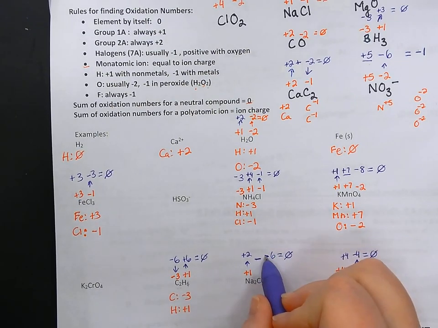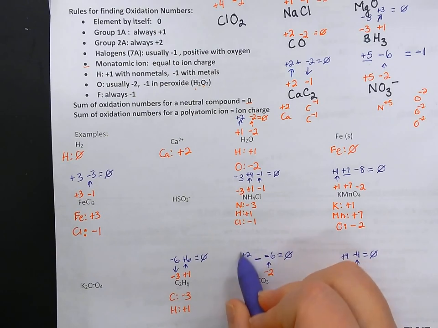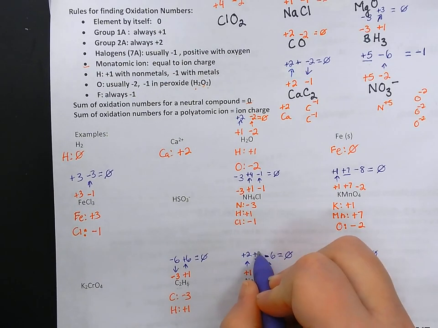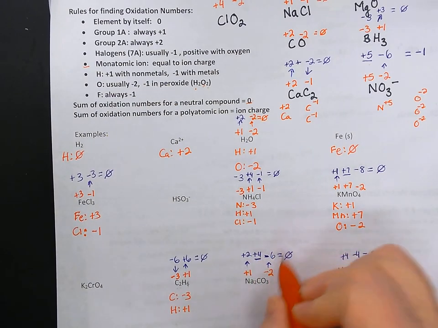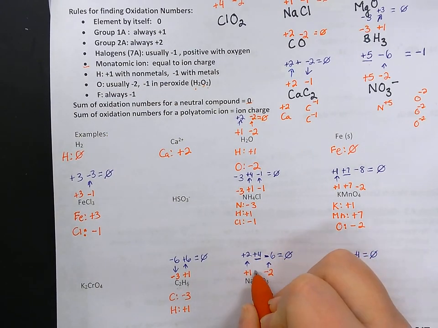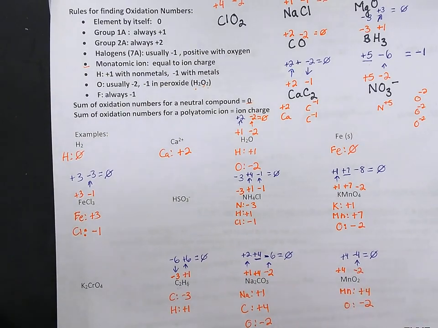So I've got -6, so I need this part to be +6. I've already got 2, so I need +4 to equal that out. That gives me my +6, my -6, that gives us 0. So carbon is going to be +4. So sodium is +1, carbon is +4, oxygen is -2.